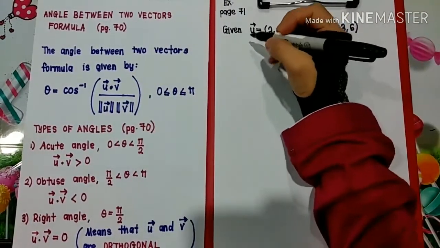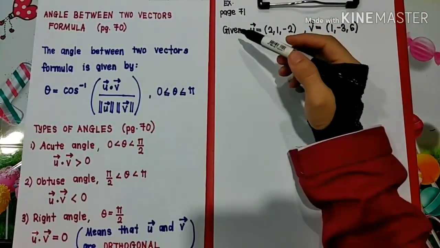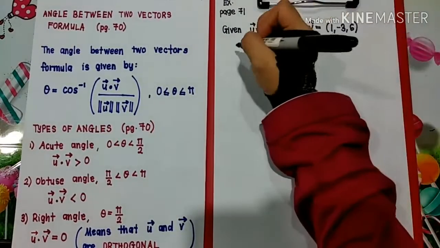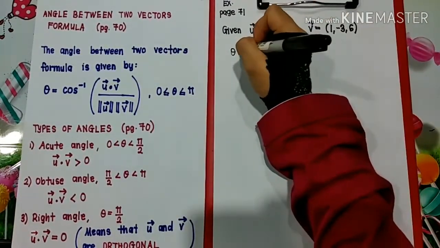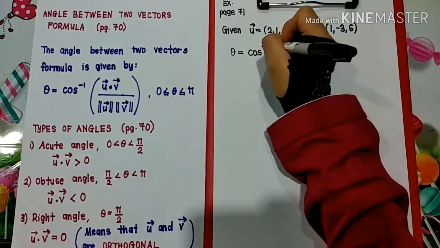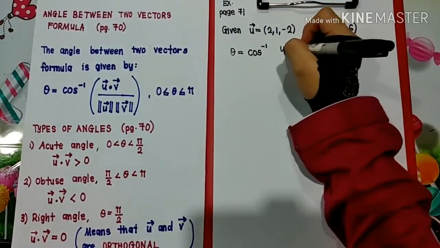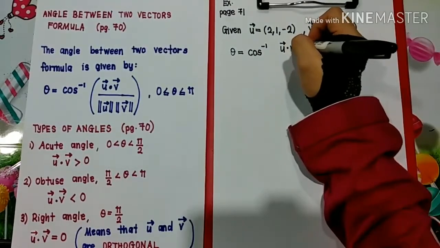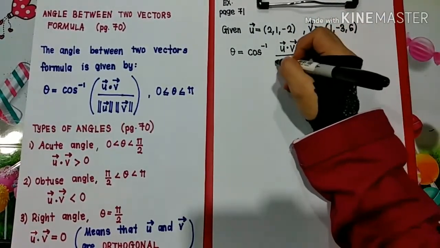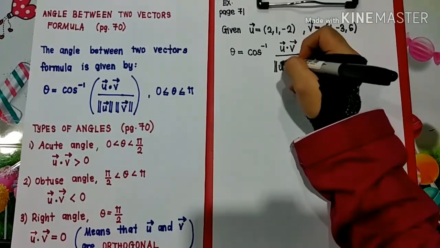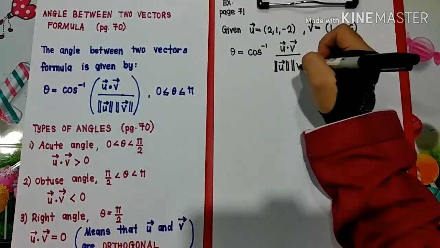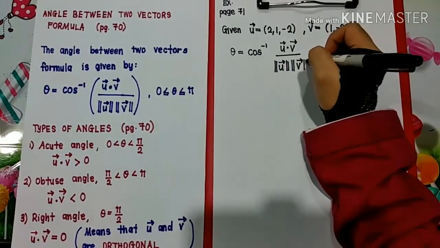Then we solve the example on page number 71. We need to find the angle, and the angle here is theta. So the formula is theta equals arc cos of u dot v, divided by the magnitude of u, and then multiplied by the magnitude of v.